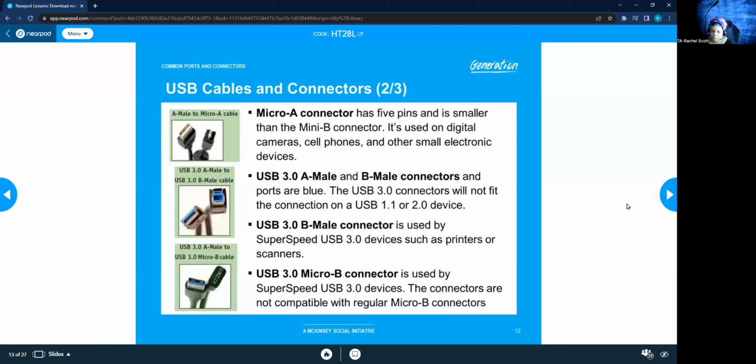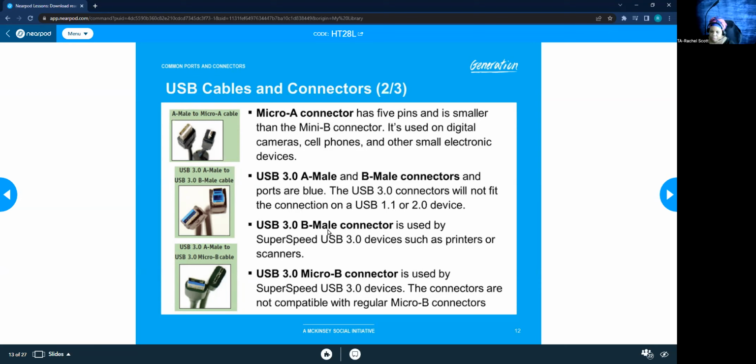Thank you. Okay, a couple of takeaways. Ports are blue. What does that usually mean? 3.1 USB, right? Yes. Or 3.0. Yes. Always remember that. That's a good point to remember.